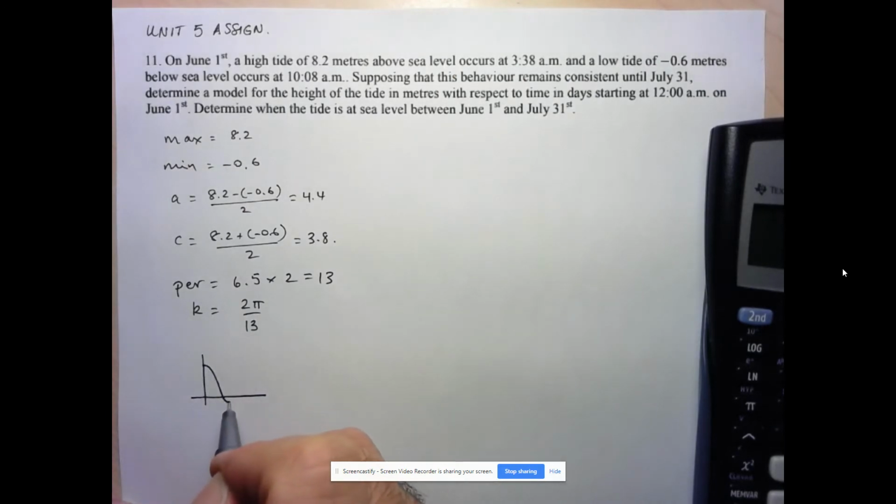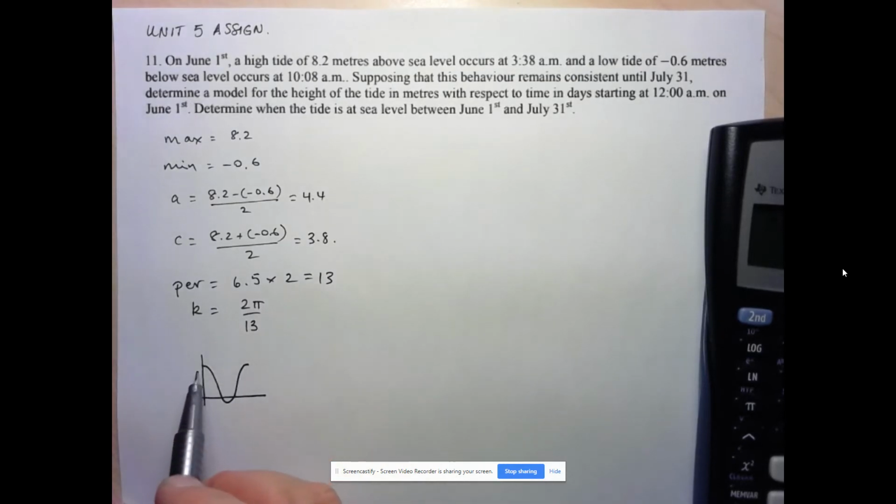I know my function looks something like this, but I don't want my maximum occurring at 12 a.m. on June 1st. I want it to occur at 3:38 on June 1st, which will be a little later on, somewhere to the right.